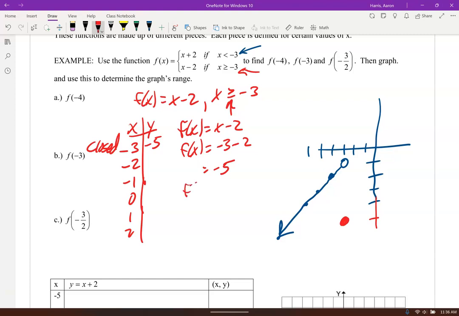Now I plug in the next one, negative 2. Negative 2 minus 2. Well, that's negative 4. Negative 2, negative 4. Plug in negative 1 minus 2. That's negative 3. Plug in 0. 0 minus 2 is negative 2. Anyways, we keep going with this. 1 minus 2 is negative 1. 2 minus 2 is 0, and so on.